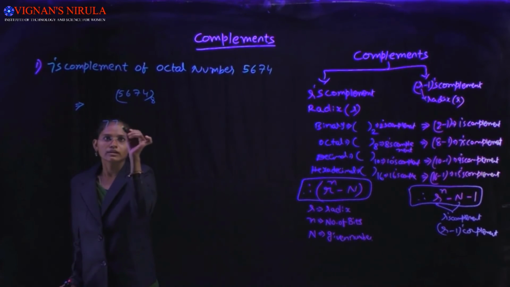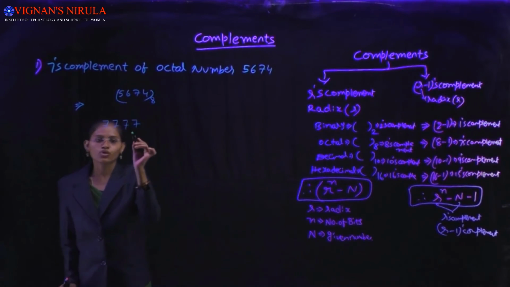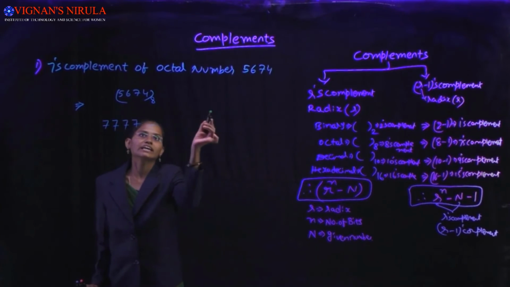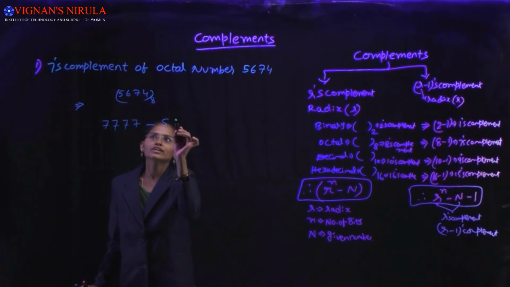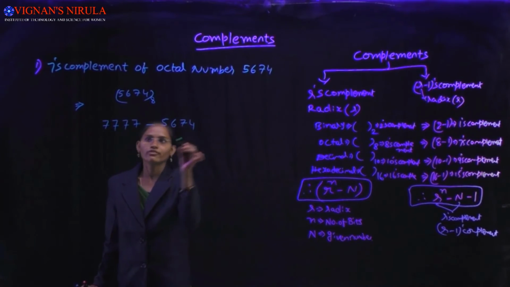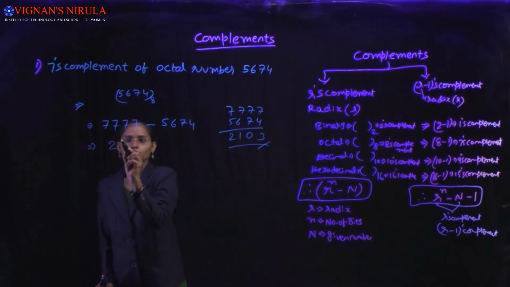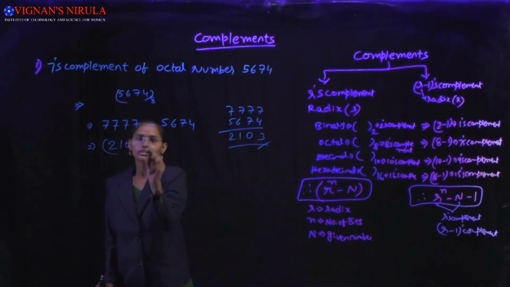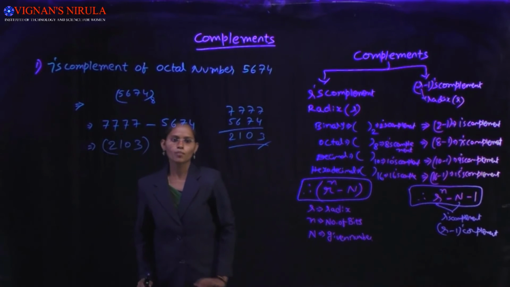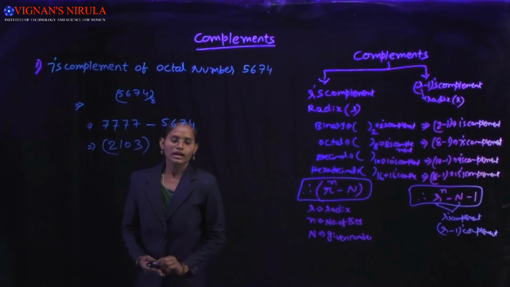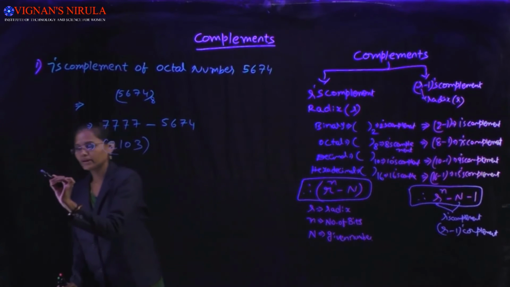Next write down 7777 minus the given number 5674. Subtract this one, the complement is 2103. This is the sevens complement. Okay, next find out the eights complement.